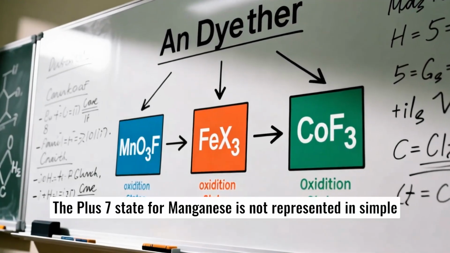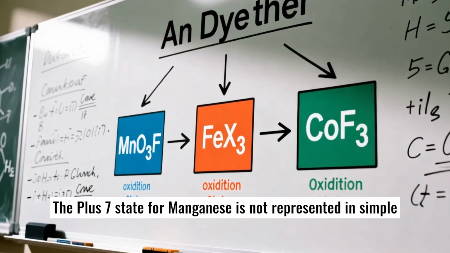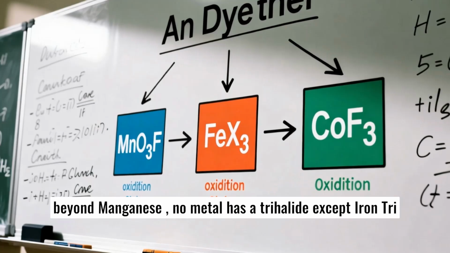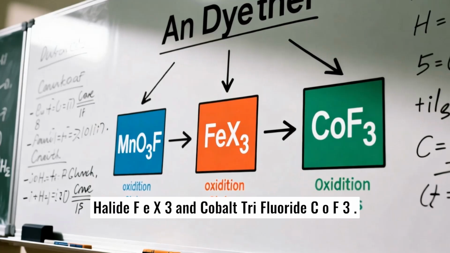The +7 state for manganese is not represented in simple halides, but manganese trioxide fluoride MnO3F is known, and beyond manganese, no metal has a trihalide except iron trihalide FeX3 and cobalt trifluoride CoF3.